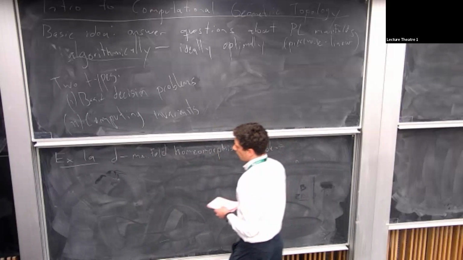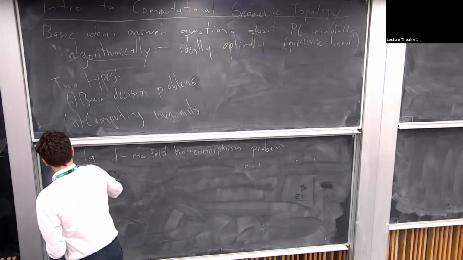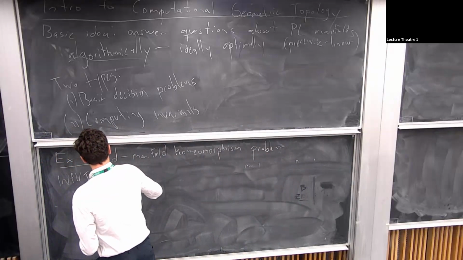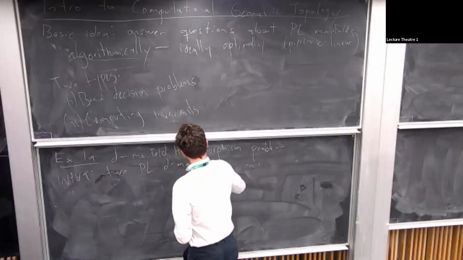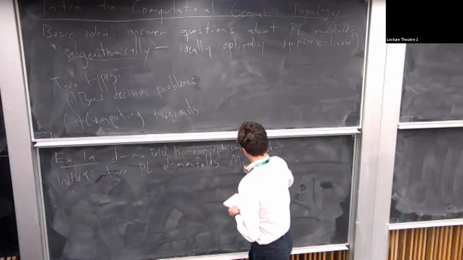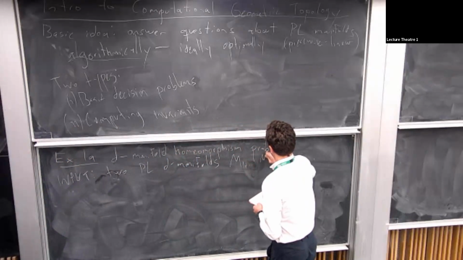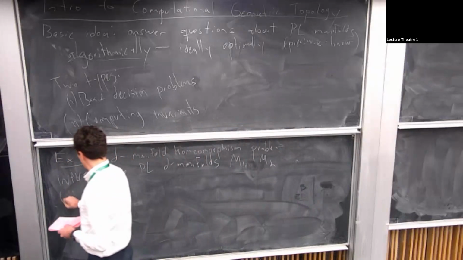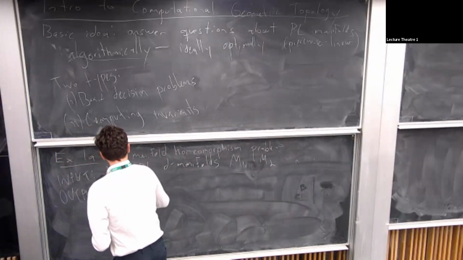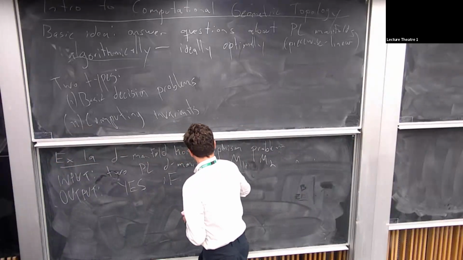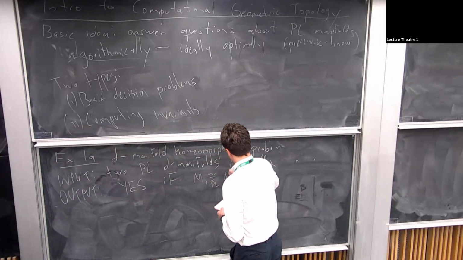And the input is two PL D-manifolds, M1 and M2. And the output of the problem is yes, if they're equivalent, and no otherwise.